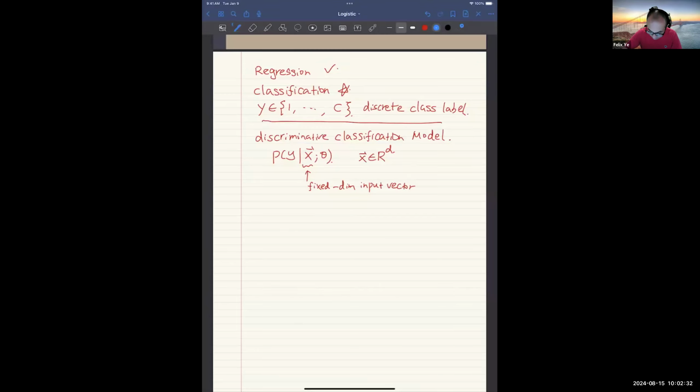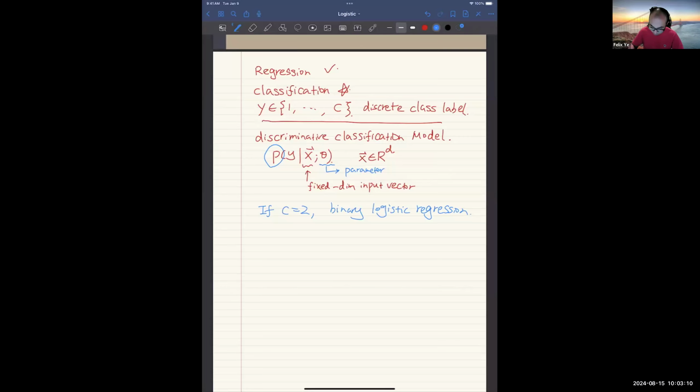And also, this theta right here is some parameters. So you can build your models based on how you model these probability distributions. If C is equal to 2, this is called binary logistic regression.